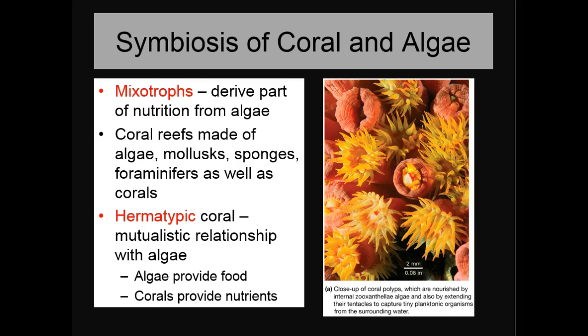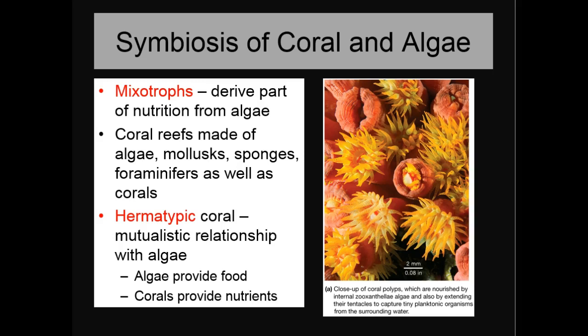In this picture, we have kind of yellowy orange tentacles, and you can see the coral's body is kind of a reddish color. The algae on the inside are actually giving it that color, and they're photosynthesizing and giving the coral food. There are other types of coral called hermatypic coral that are much more dependent on the algae.